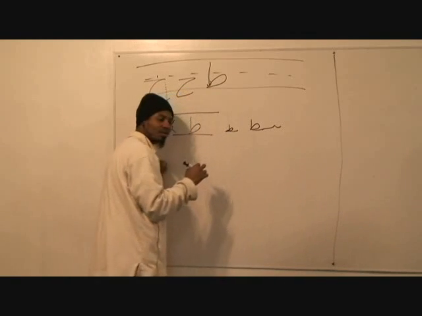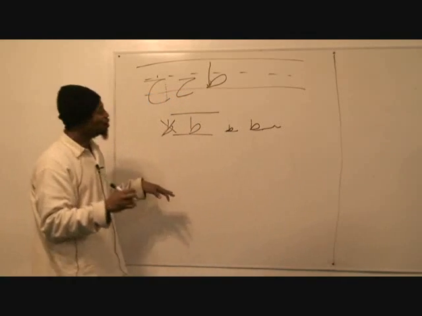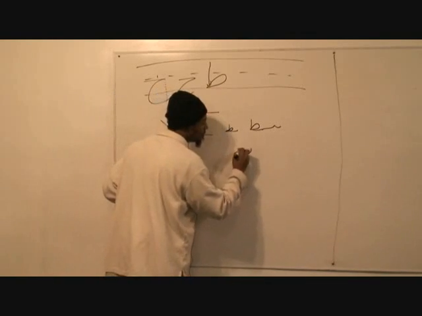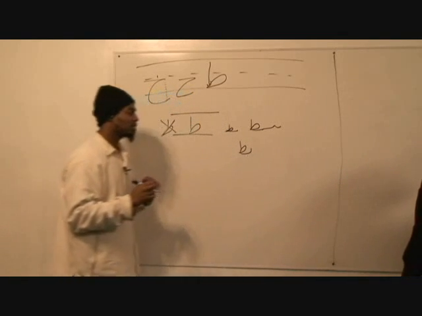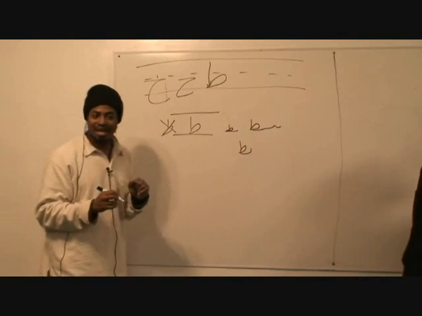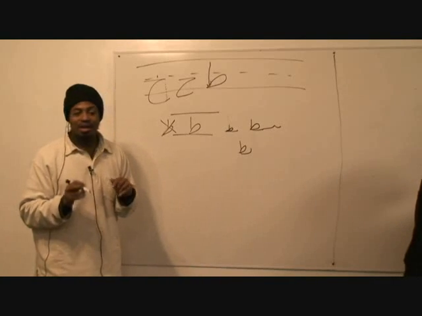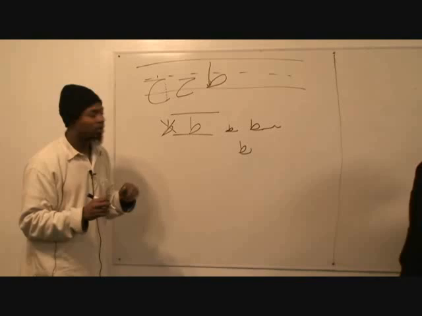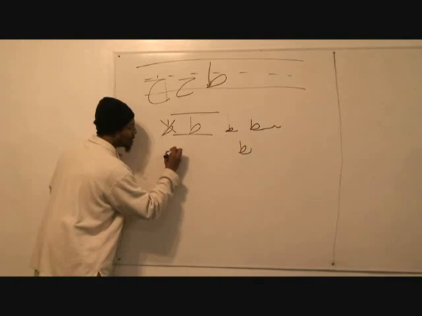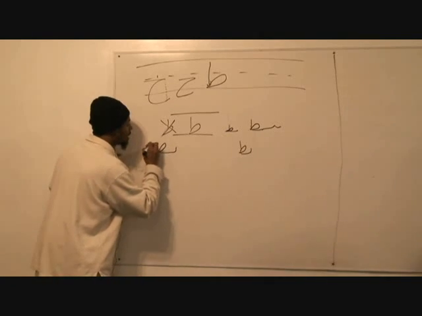Did everybody see how I wrote that? You make the loop first. You make the loop first. See that? Then you come down into it. Everybody saw how I did that? That's how I want to see you write. If I say write batta, watch me. Ba, ta, ha.